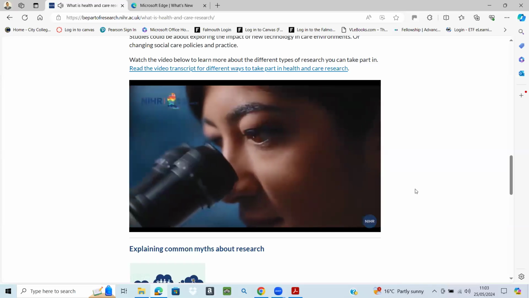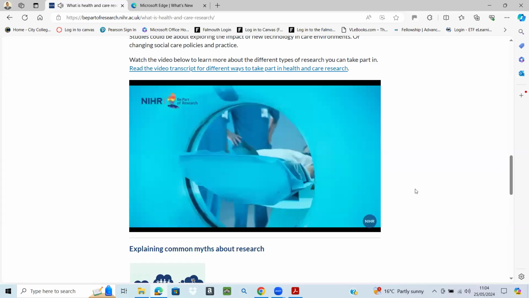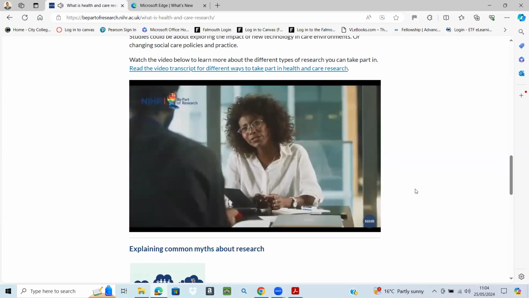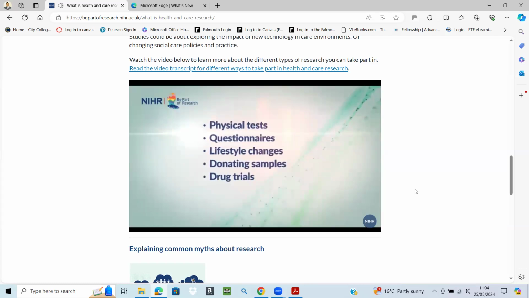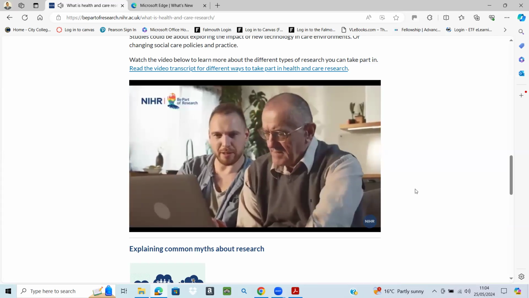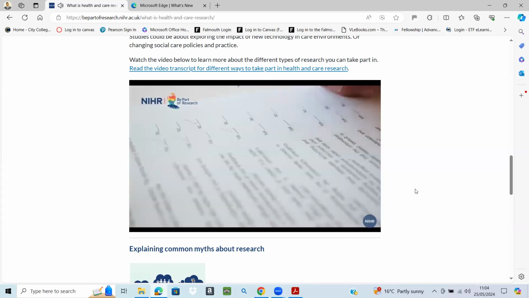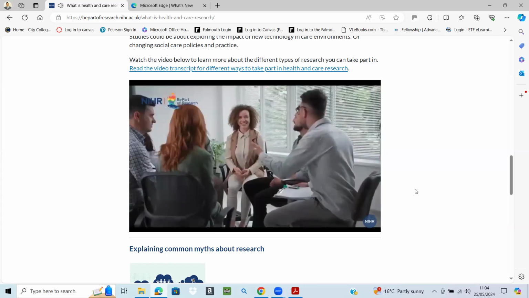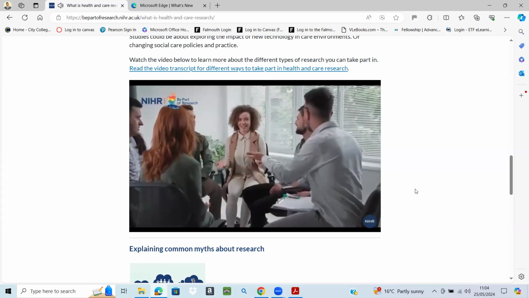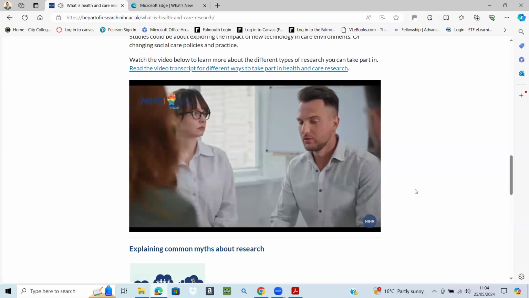Research. There's something for everyone. There are many different ways to take part in health and care research. Physical tests, questionnaires, lifestyle changes, donating samples, drug trials, scans. When you volunteer, you might be invited to complete a questionnaire in person or online. Be part of a focus group where you can give your opinion or provide feedback.